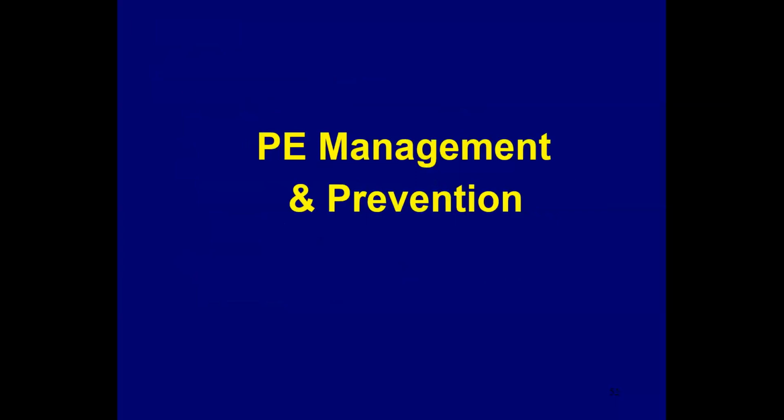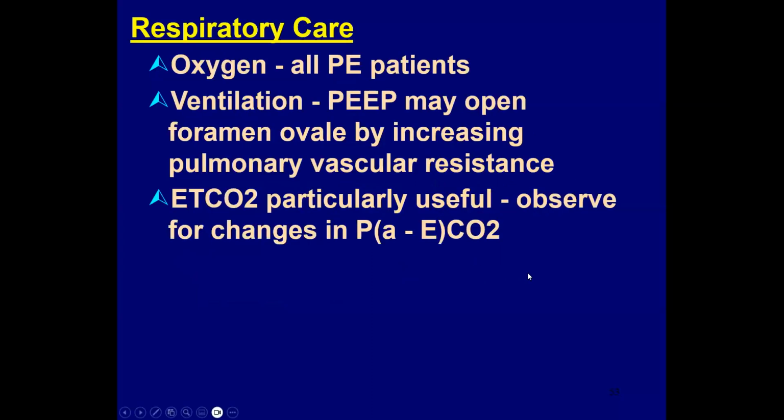So that's how we find out what we've got. How do we manage it, and how do we prevent it? Prevention is more important than management. It's just as important and much cheaper. Okay, respiratory care to manage. First, all the PE patients will receive oxygen.